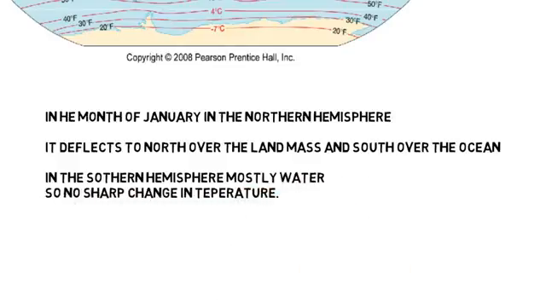Since in the northern hemisphere the ratio of land mass to water body is more, there is more deflection, while in the southern hemisphere there is mostly water, so there is no sharp change in temperature.